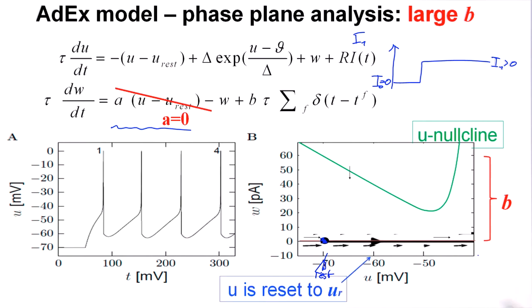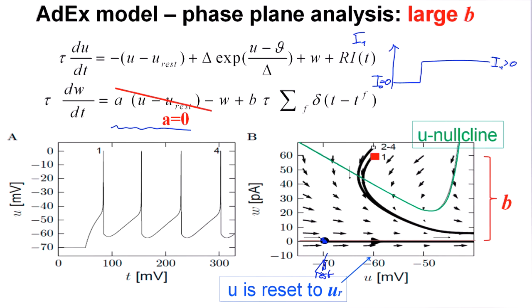So let's take UR equal minus 60 millivolt. The jump, the reset, ends at this point. And from there on we have to follow the arrows.